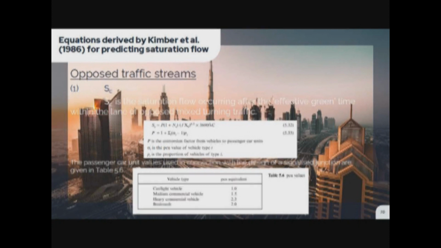So this will be our equation 5.33. The passenger car unit values used in connection with the design of a signalized junction are given in table 5.6. So we have the vehicle type and the passenger car unit equivalent.